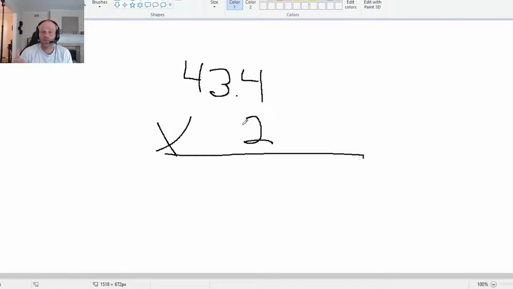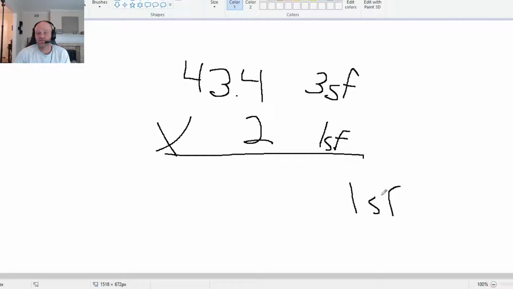So 43.4 has 3 sig figs, and 2 has 1 sig fig, so my answer can only have 1 sig fig. 2 times 43.4 would be 86.8, but since I can only have 1 significant figure, I'm going to round that up to 90. Division is the same thing.